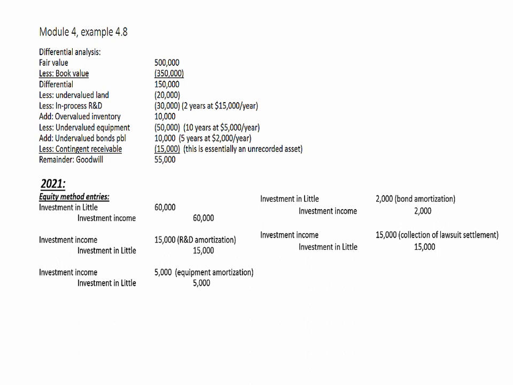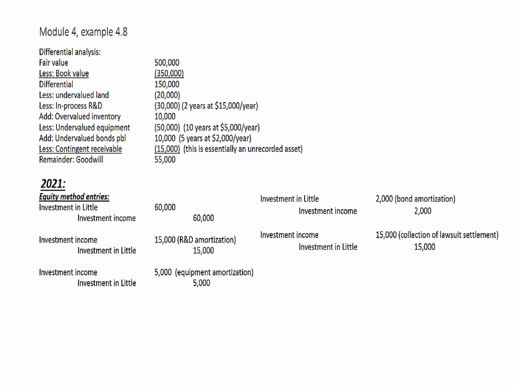Now again, from Big's perspective, they recorded that $15,000 prospective settlement as an asset. So at this point, all Big is doing is recovering that $15,000 asset they've already recorded. From Big's perspective, that $15,000 gain on lawsuit shouldn't be there.